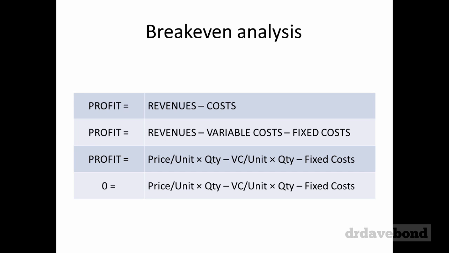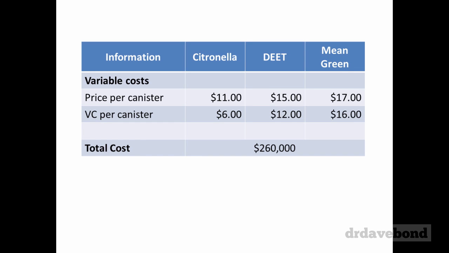But that's all well and good when you've got a company selling a single product, but it's pretty rare nowadays to see companies of any nature selling only one thing. They often have multiple product lines. Now the way, at least with a couple of products, we can do this is to work out a weighted average contribution margin.